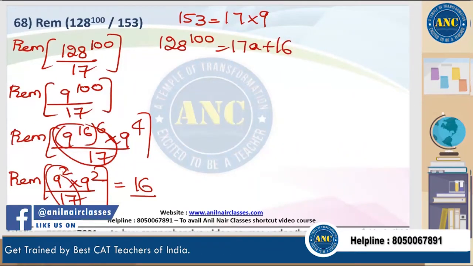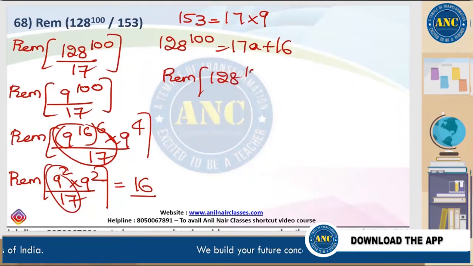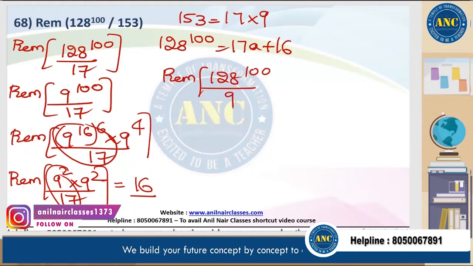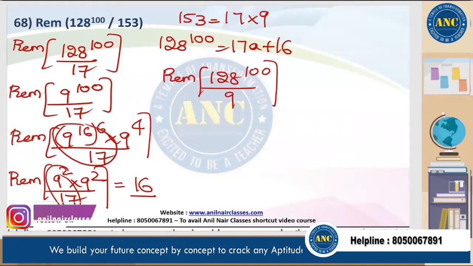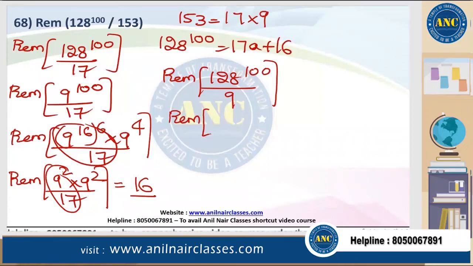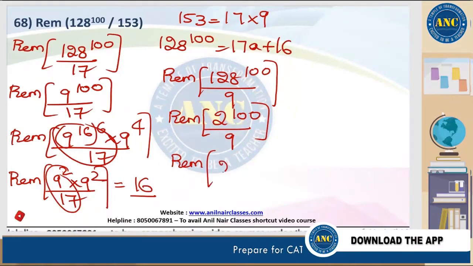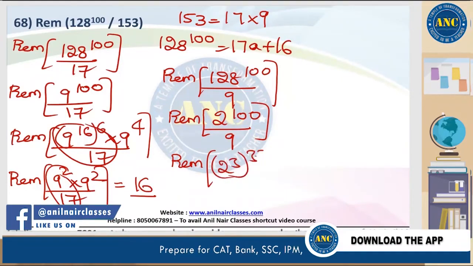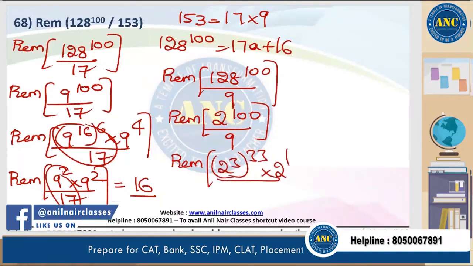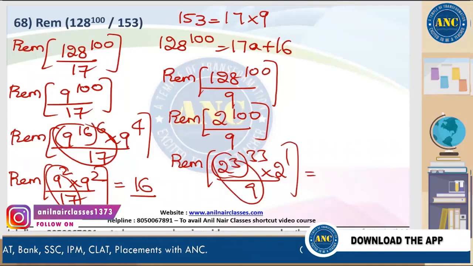So 128 power 100 when divided by 17, remainder is 16. It is over. Next one: 128 power 100 divided by 9. 9 fours are 36, so the remainder is 2. 2 power 100 divided by 9 is 2 cube power 33 into 2 power 1 by 9, which is 8 by 9, remainder minus 1, times 2, so minus 2.